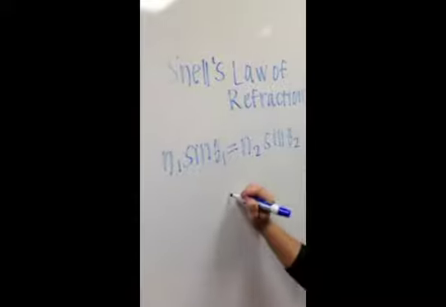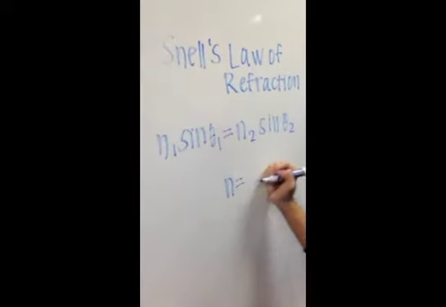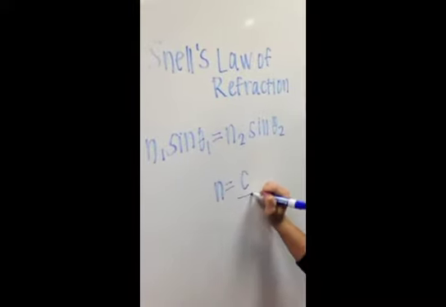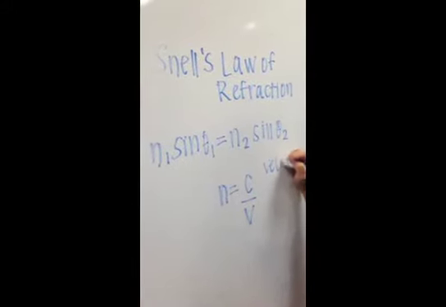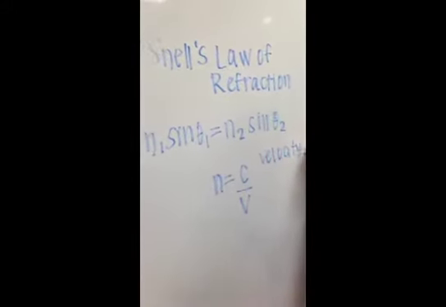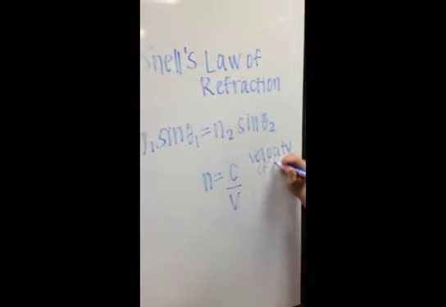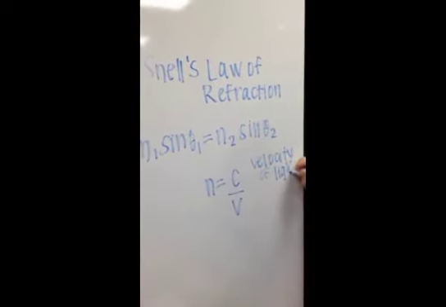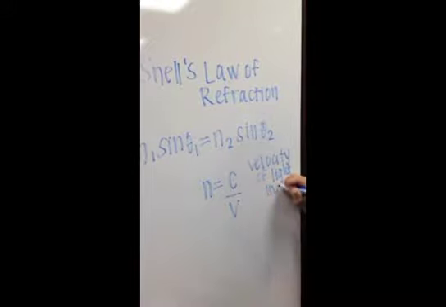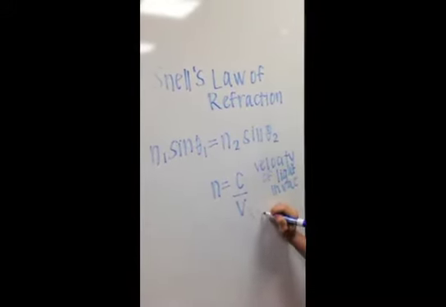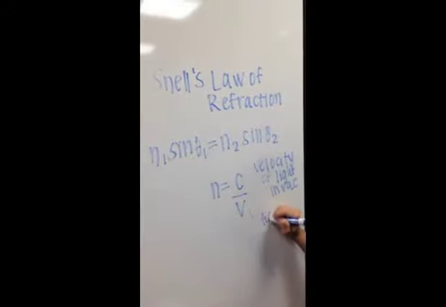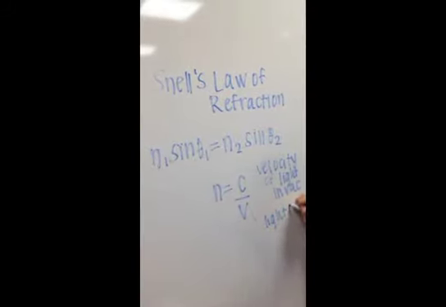And here the N's are your index of refraction, which is equal to C over V, where C equals the velocity of the speed of light in a vacuum, and V is the speed of light in your medium.